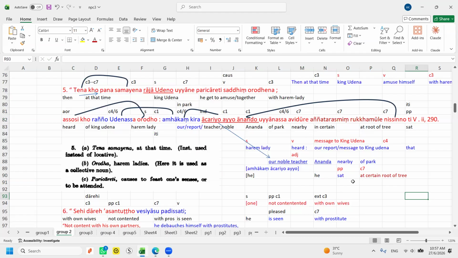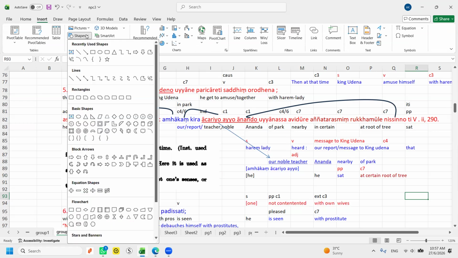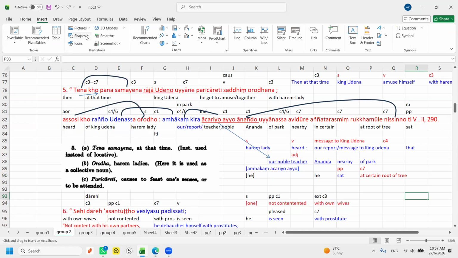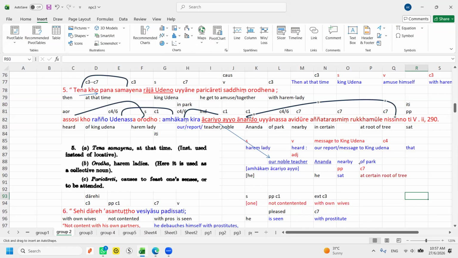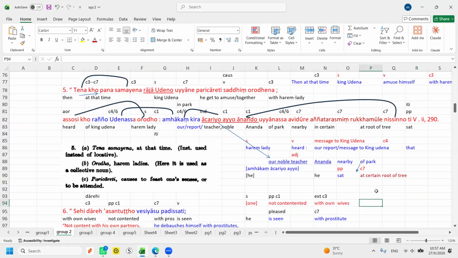So here, I just put our teacher Ananda sat nearby the park at a certain root of a tree. These two, you have the park here. I won't redo the line, I just tell you, and I think it's good enough. Park here.